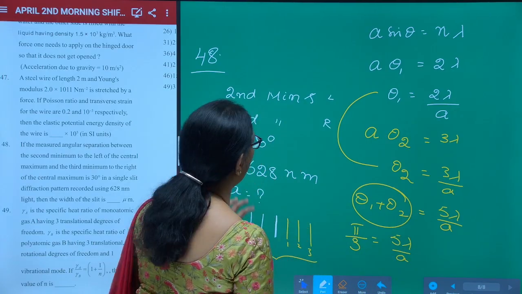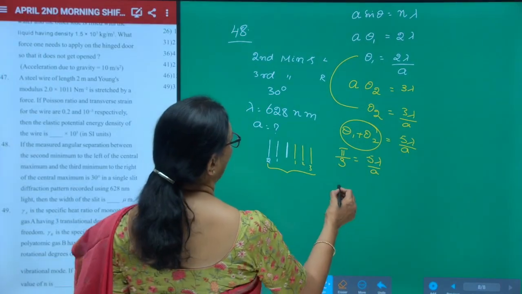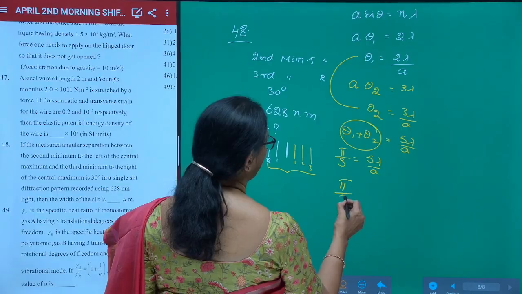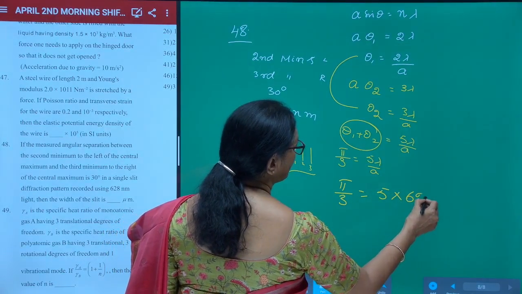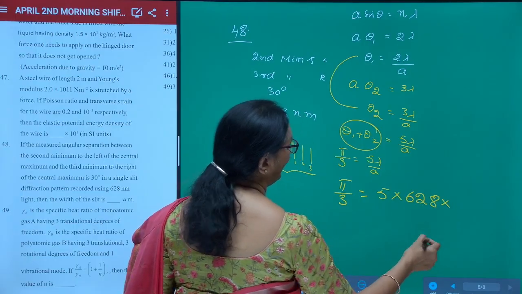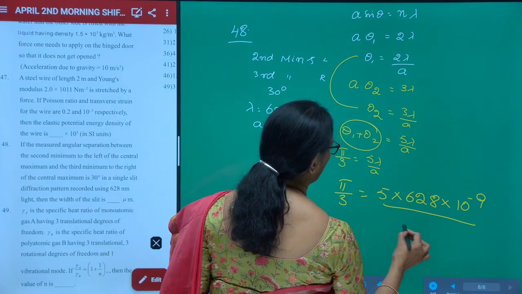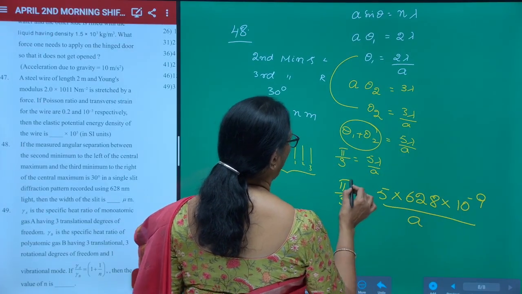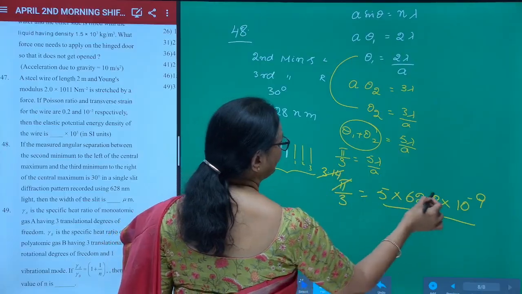5 lambda by A. Now look here. So pi by 3 is equal to 5 lambda, 628 nanometers, 10 power minus 9, divided by A. Pi is 3.14.